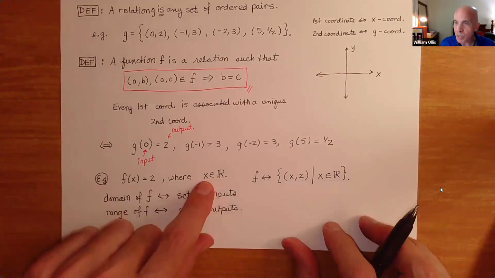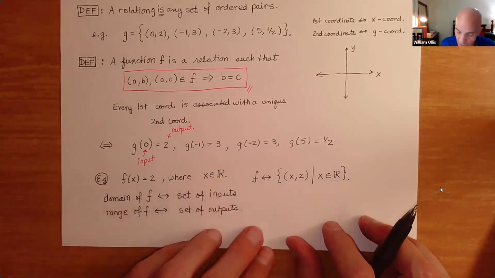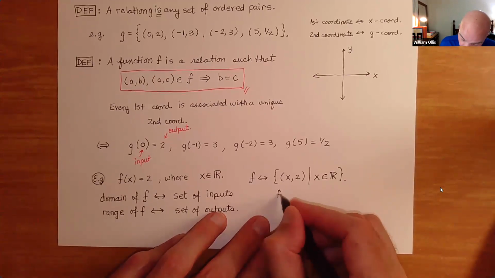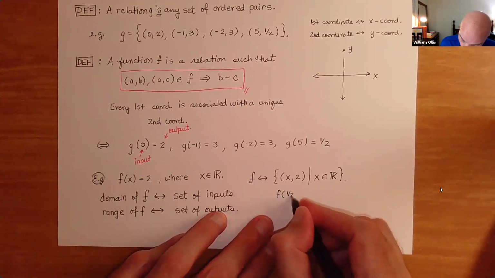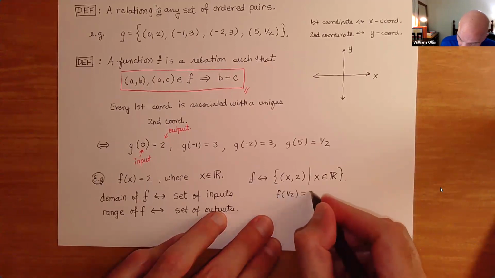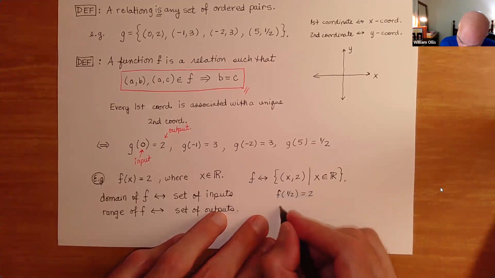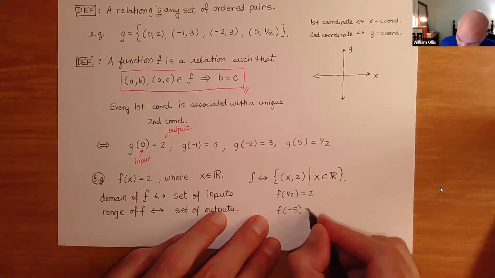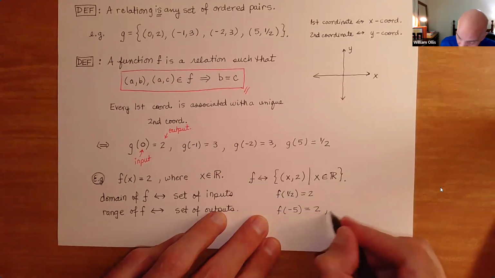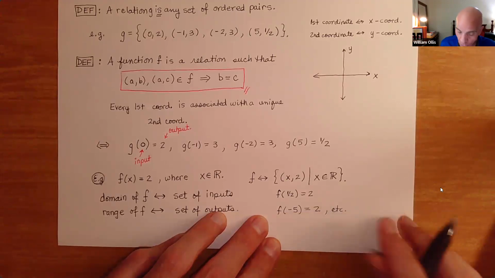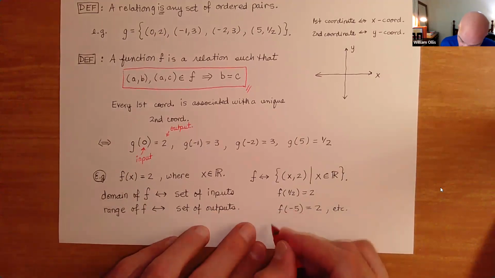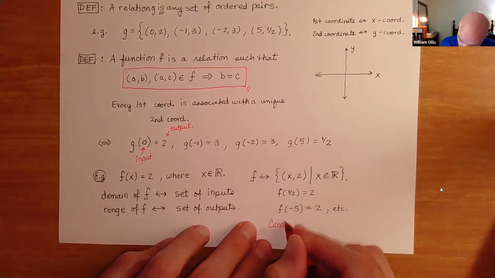And so we're not restricting the value of x. So any x we input, say we have f of 1/2, that would be 2. f of -5, input any real number, the output will always be 2, etc. So this is what we call a constant function. Constant function.